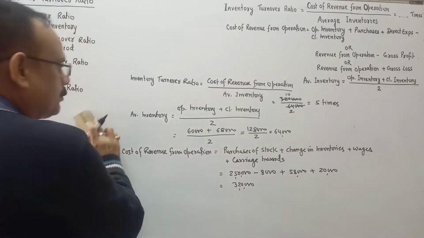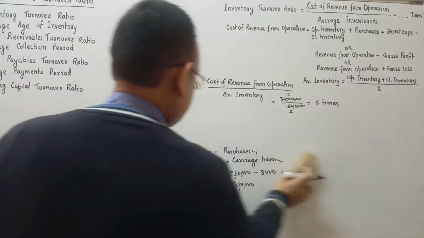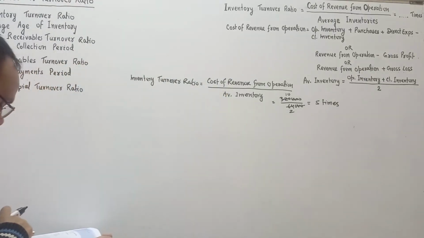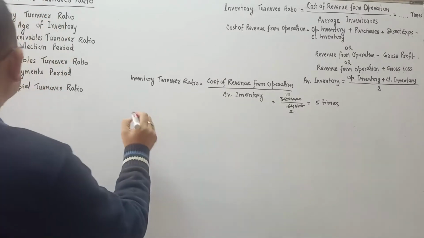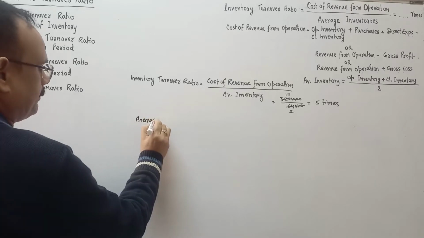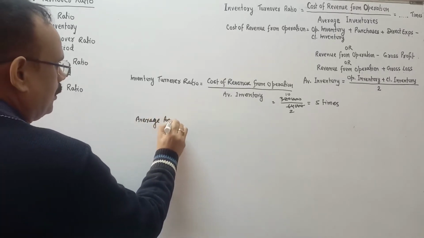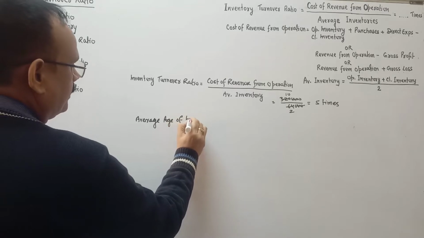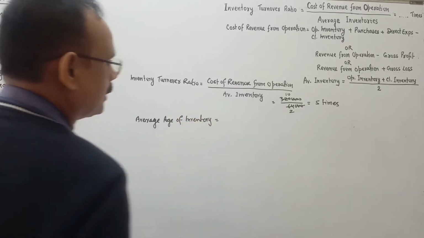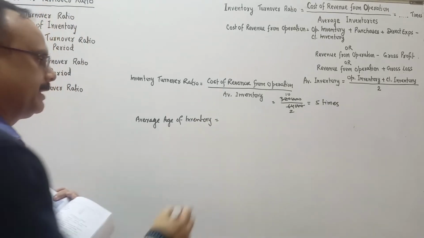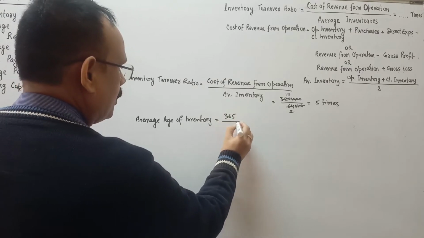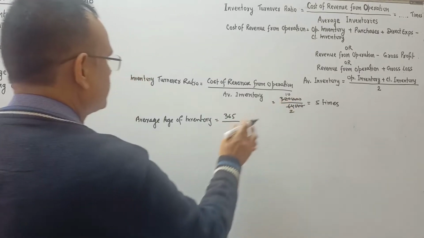Now next we will calculate. Here the question is average age of inventory. Average age of inventory is equal to number of days in a financial year upon inventory turnover ratio.